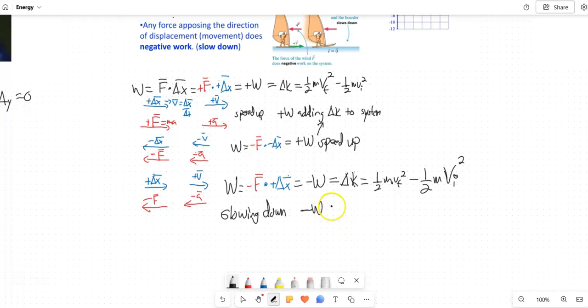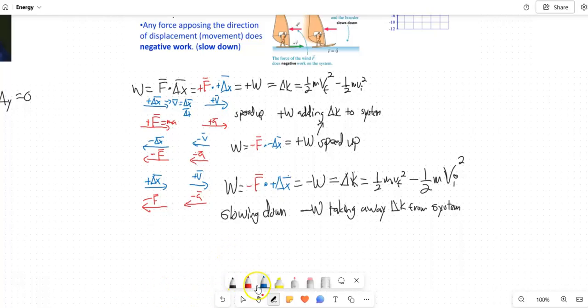So negative work is taking away kinetic energy. Okay, you're taking kinetic energy away. So if you're on a chair moving towards me and I want to get you to stop, I push opposite the direction you're moving, and that slows you to a stop. But if I want to speed you up, I have to push you in the direction that you're moving, and that will then speed you up. So I'm adding kinetic energy to that.